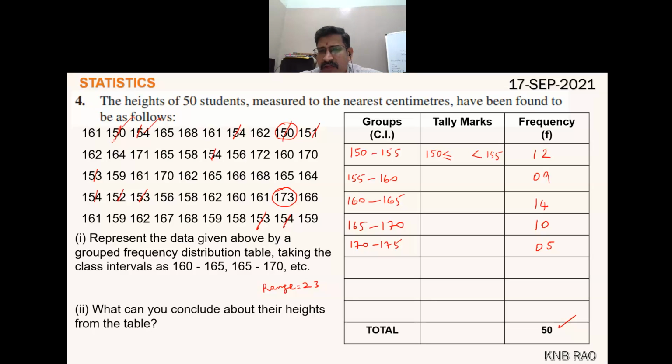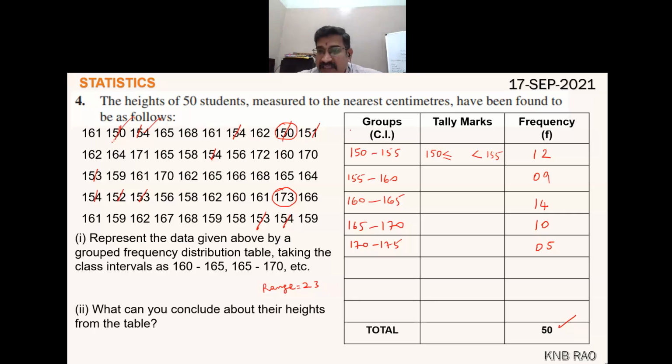To find the average height of children here, we have two ways. One, the actual average: by adding each and every height that you found and dividing by 50. That is one method. Second method, you grouped this data.